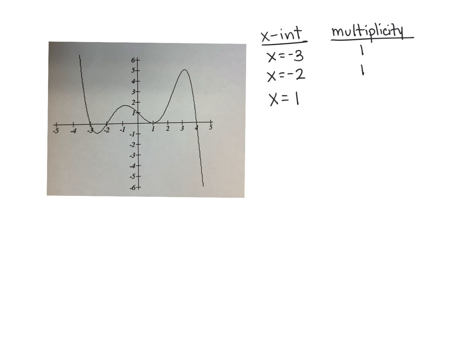If it cuts through, it could also have a multiplicity of 3 or 5 or 7. So these have to be odd. So I'm going to write 1 or 3 or 5 just to indicate that we know that it could be any odd exponent. All right, so since this one does not cut through, this one is even. So it's 2 or 4 or 6, and we'll determine which one we need in just a moment.